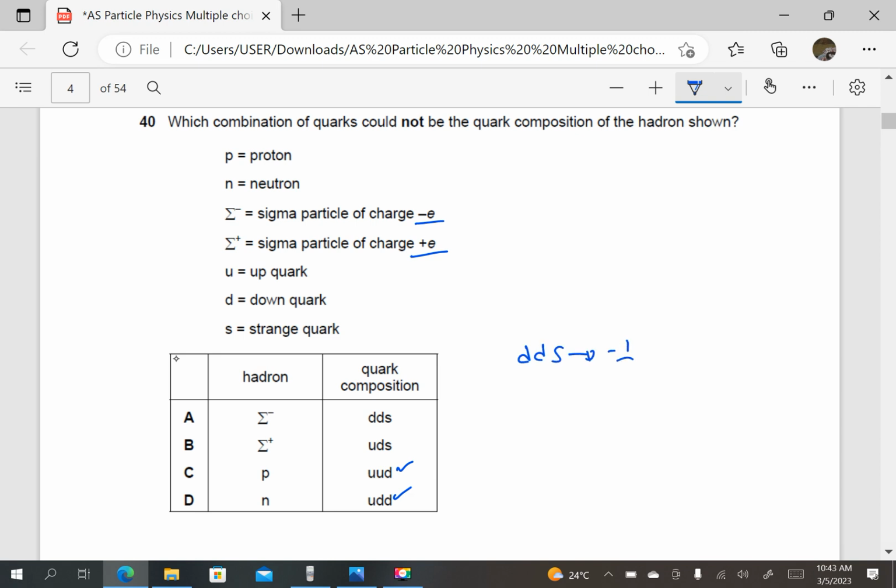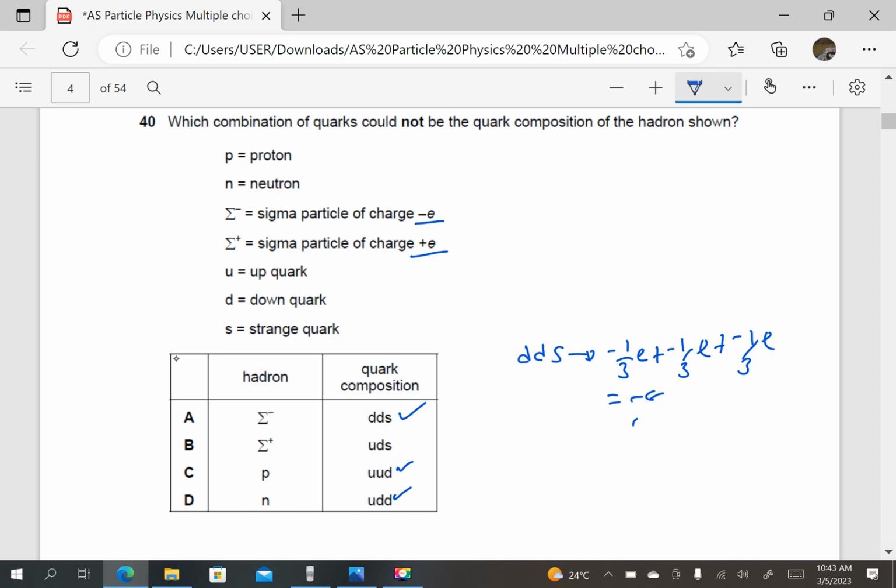That is negative 1 over 3 e plus negative 1 over 3 e plus negative 1 over 3 e. The charge of down is negative 1 over 3 e. The charge of strange is also negative 1 over 3 e. So the total is negative e. So that means this is correct.